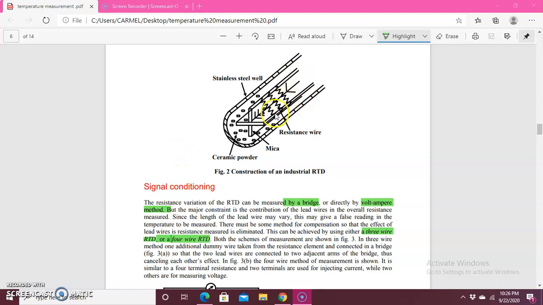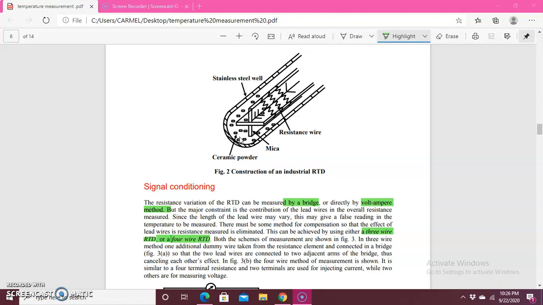The resistance wire: here we have a 3 wire configuration, or we can go for 2 wire or 4 wire configuration. Then here we have ceramic powder, and here you have the bulb at the tip point, and the bulb material is either copper, nickel or platinum.